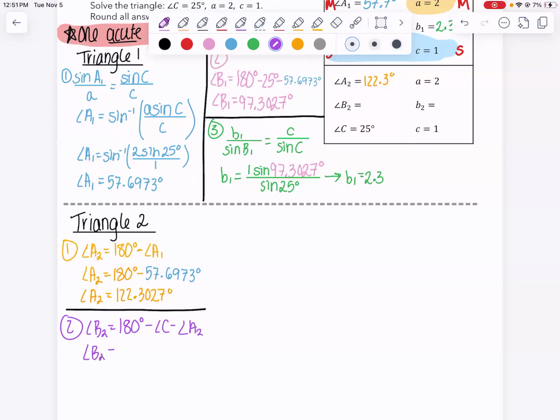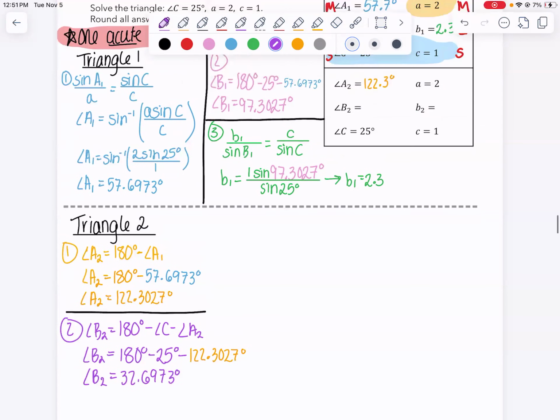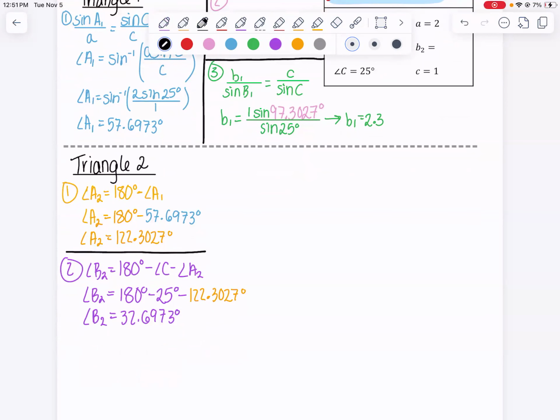So angle B2 is equal to 180 degrees minus C, which is 25 degrees, minus A2, use this long number here, 122.3027 degrees. This comes out to angle B2 is 32.6973. Oh, we only need one decimal place here, 32.7 degrees. Because that comes out to a positive number, that means that there are indeed two triangle solutions.